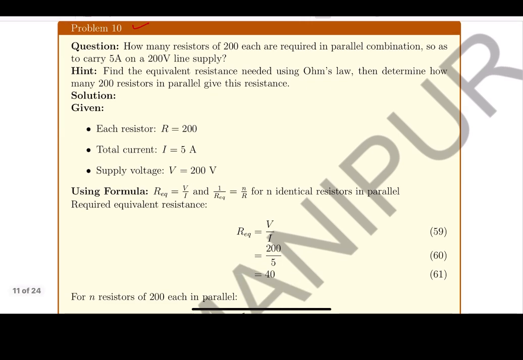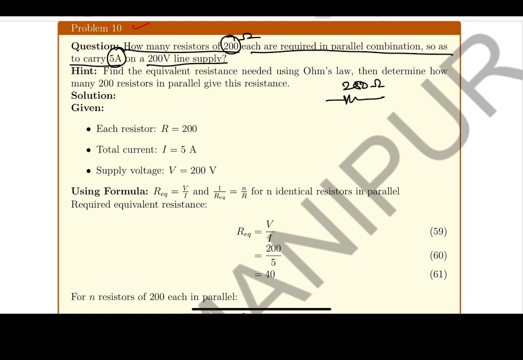What does question number 10 say? How many resistors of 200 ohm each are required in parallel combination so as to carry 5 ampere on a 200 volt line supply? So I have 200 ohm, and I'm going to connect in parallel like this.